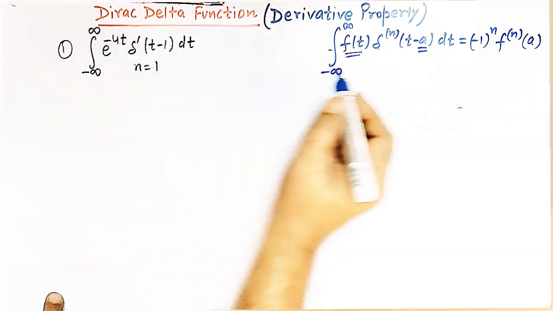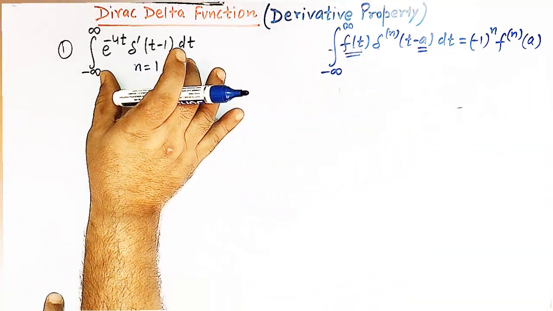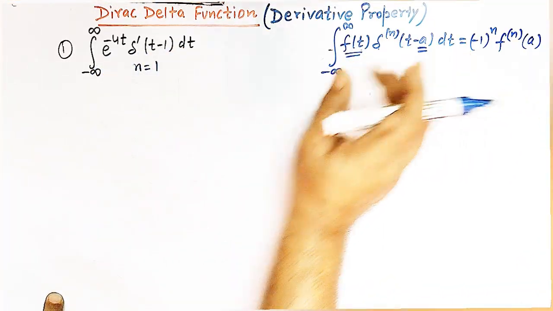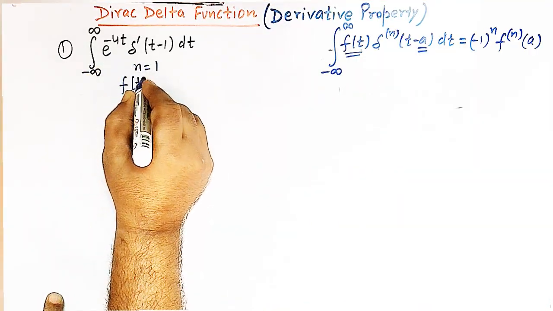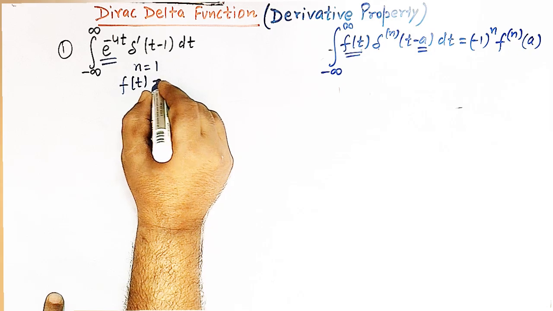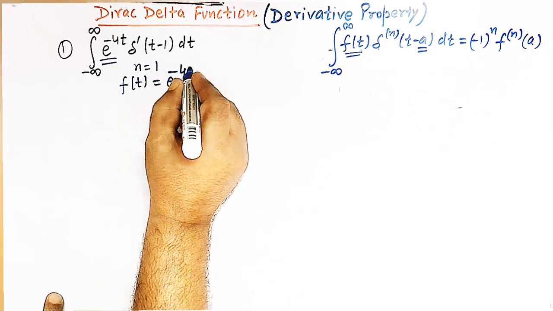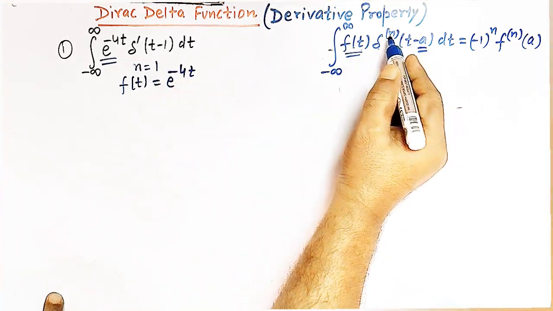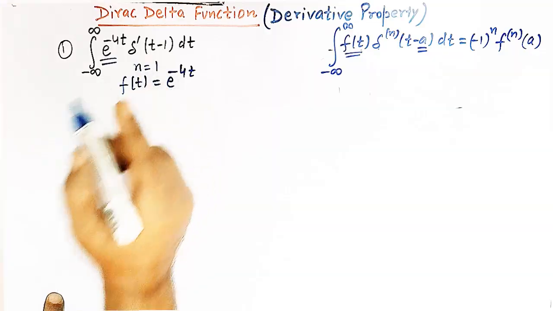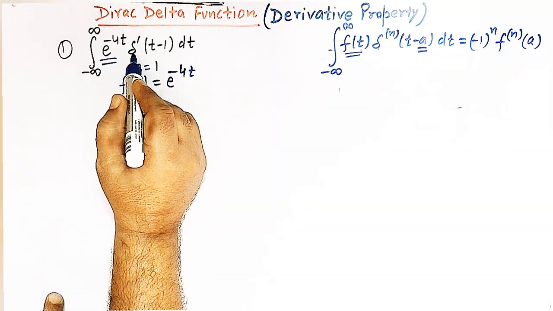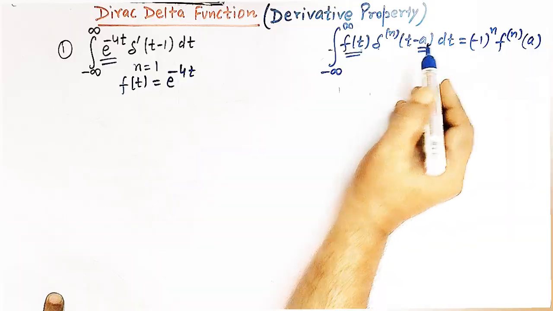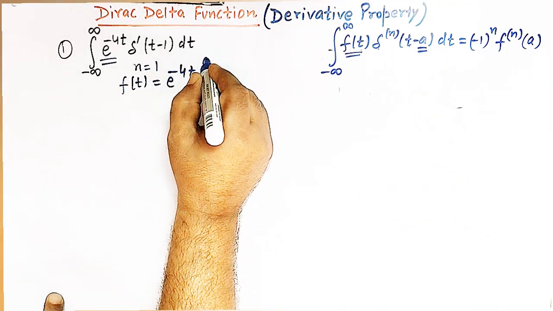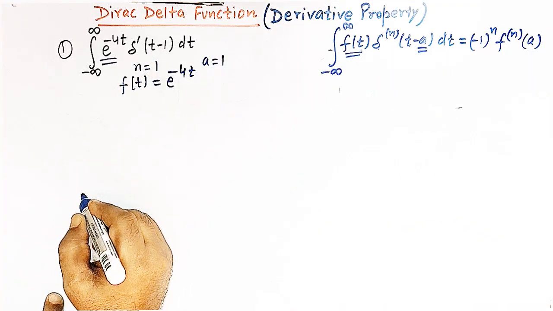If we compare this integral with the property, our function f of t is e raised to minus 4t, the value of n is 1, and since we have t minus a, the value of a is equal to 1.